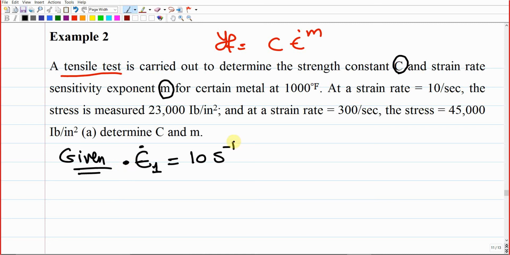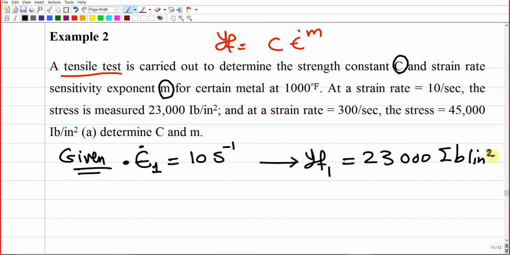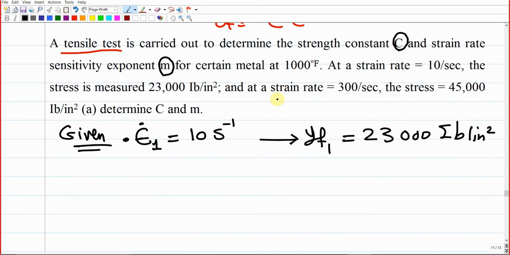When we subjected the material to this strain rate and measured the stress, the flow stress, we got 23,000 pounds per square inch. Then we repeated the process at a higher strain rate, the second strain rate, at 3,000 second negative 1.